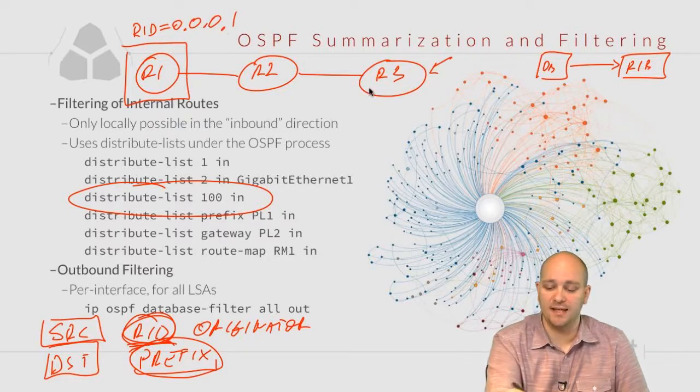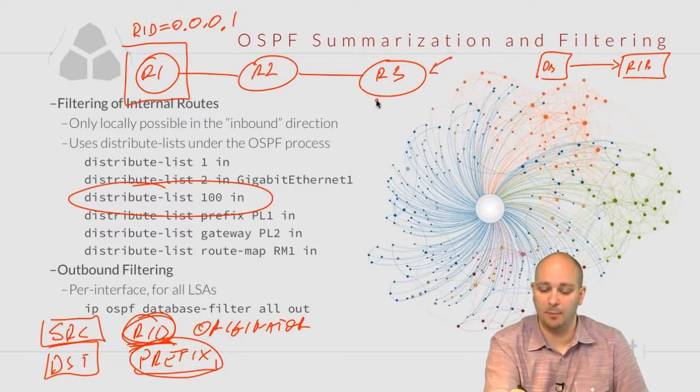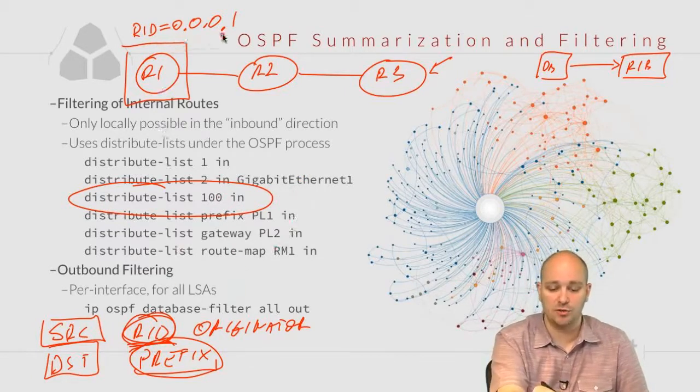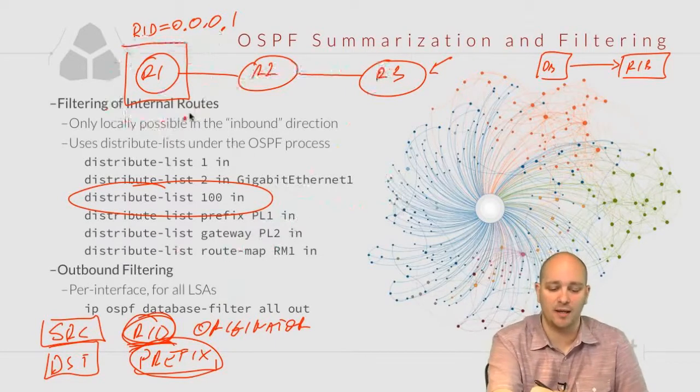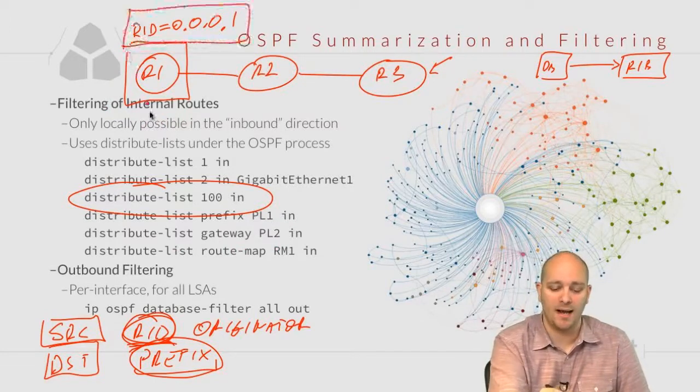So what we would say here on R3 is distribute list 100 in, and then access list 100, deny host 0.0.0.1, and then any. That basically means deny any routes that were originated by R1.